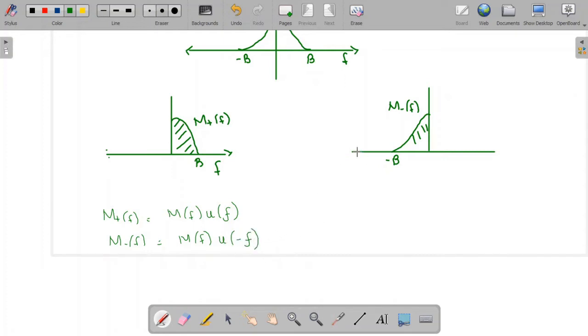Now, to represent this step function in terms of the signum function, we can write u of f is equal to half into 1 plus signum function of f. Similarly, for the negative case, u of minus f will be equal to 1 by 2 into 1 minus signum of f.